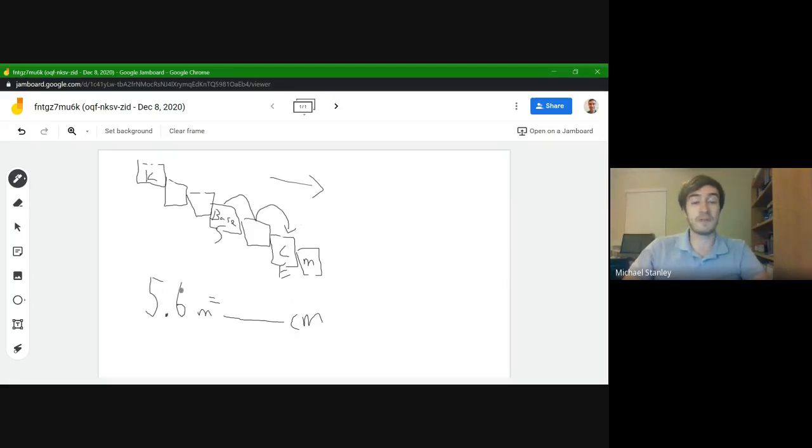So if we have 5.6 meters, they're nice enough so that we know where our decimal point is. It's not at the end of the number in this case. It's right here in the middle.